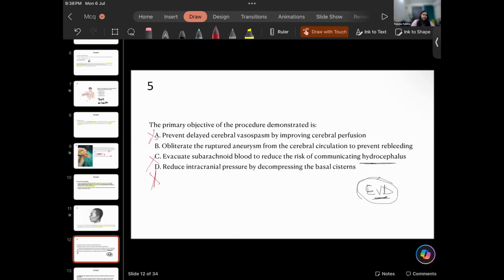So again, this is not the correct answer, and the correct answer is it will obliterate the ruptured aneurysm from the cerebral circulation to prevent the rebleeding. Basically, we are trying to stop the bleeding from the circle of Willis, the anterior cerebral artery and anterior communicating artery junction, the most common site of aneurysm.